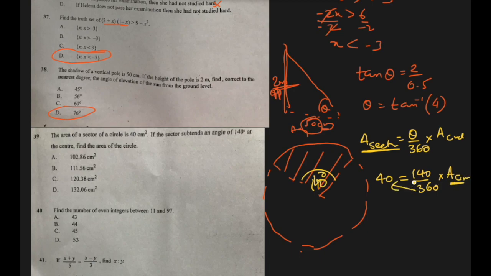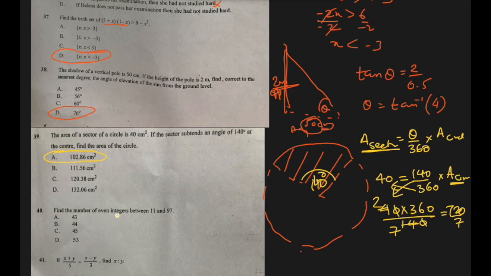So we'll cross multiply: 40 times 360 over 140. Can we simplify it somehow? It becomes 720 over 7, about 100 point something. That looks like 102.86.